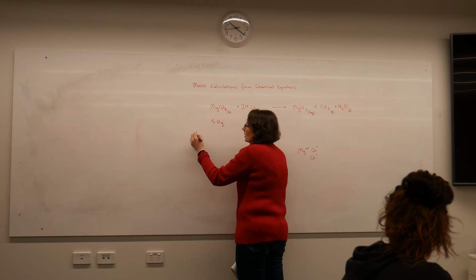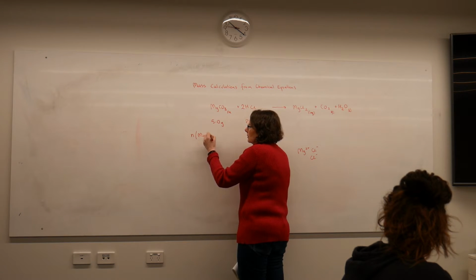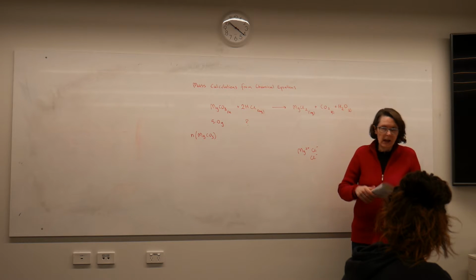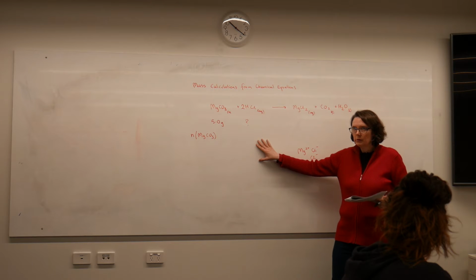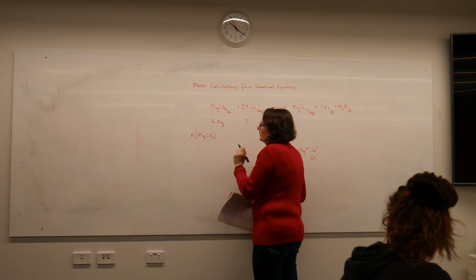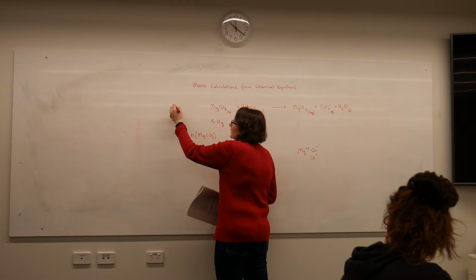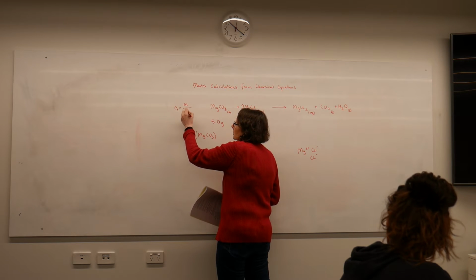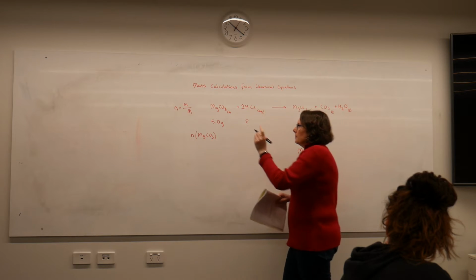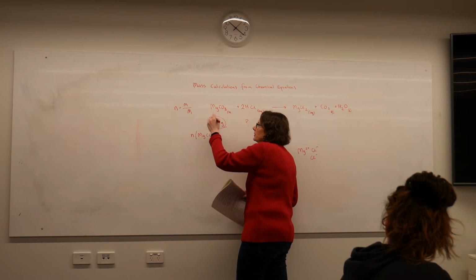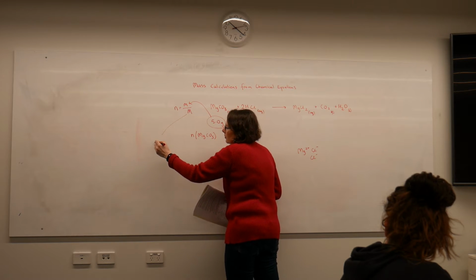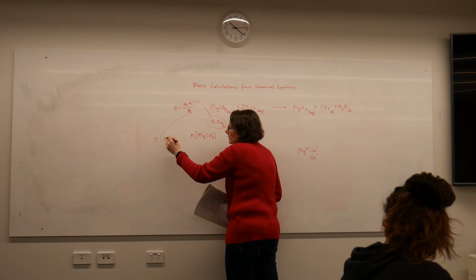We need to know the number of moles of magnesium carbonate we've got, because that's how we're going to find the number of moles of hydrochloric acid we need. To find the number of moles, we're going to use this relationship here, which means that because we have the sample mass, we need to find the molar mass of magnesium carbonate.